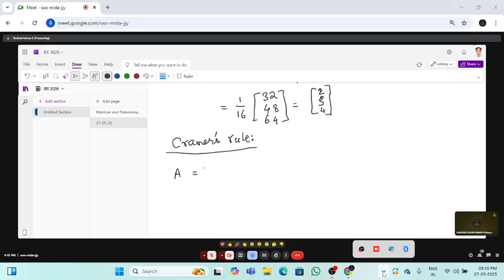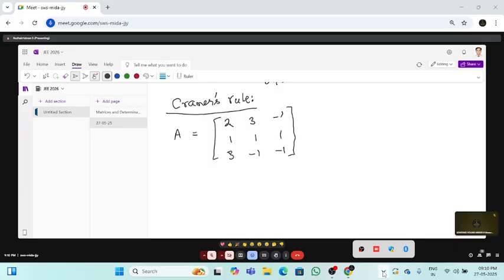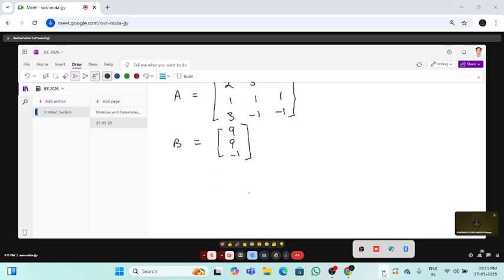The coefficient matrix is this, right? And your B matrix is this.